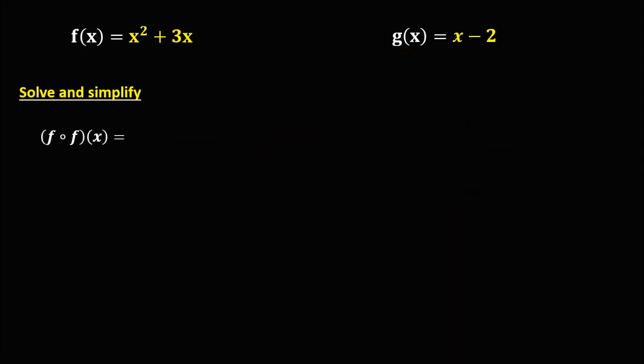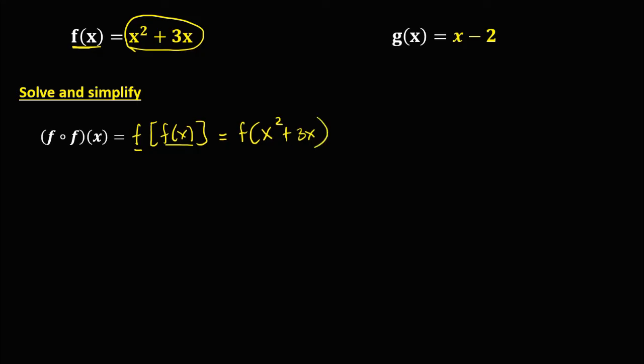Then for this given, we can rewrite this one as f of f of x. Since f of x is equal to x squared plus 3x, we can rewrite this one as f of x squared plus 3x.